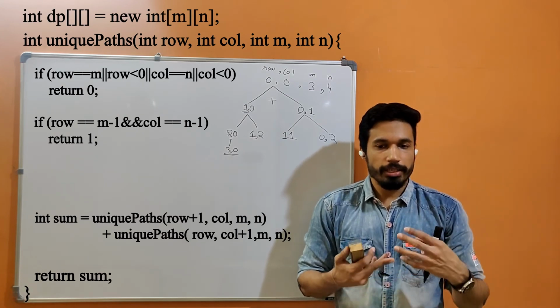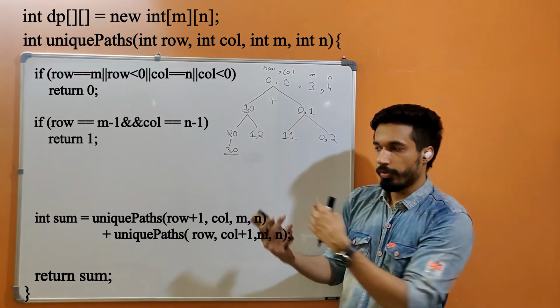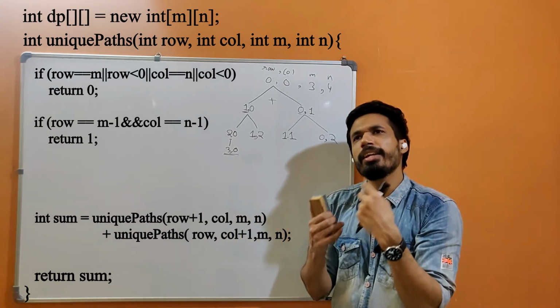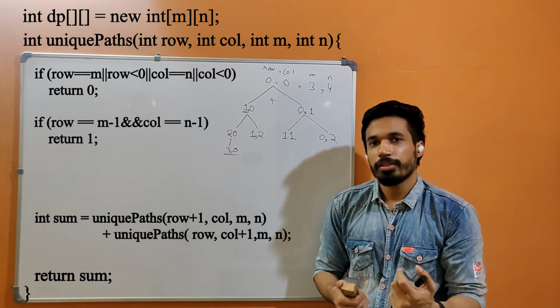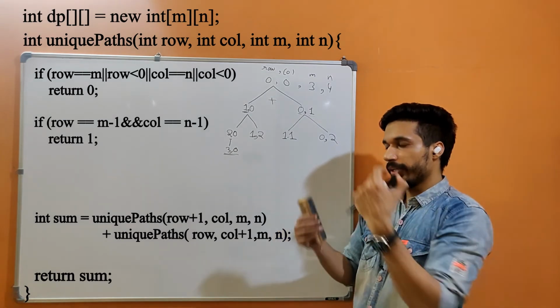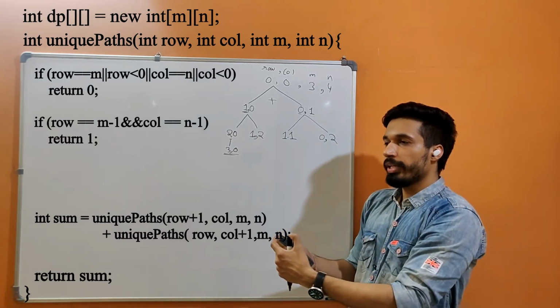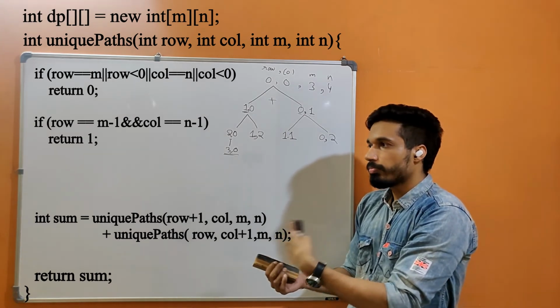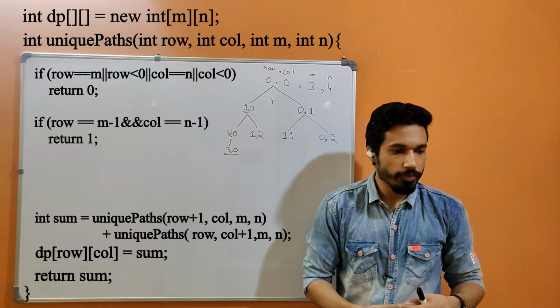Now at the end of our recursion call stack, when we start giving the output, we need to store the output somewhere, so that we can check whether we have already computed that subproblem or not.